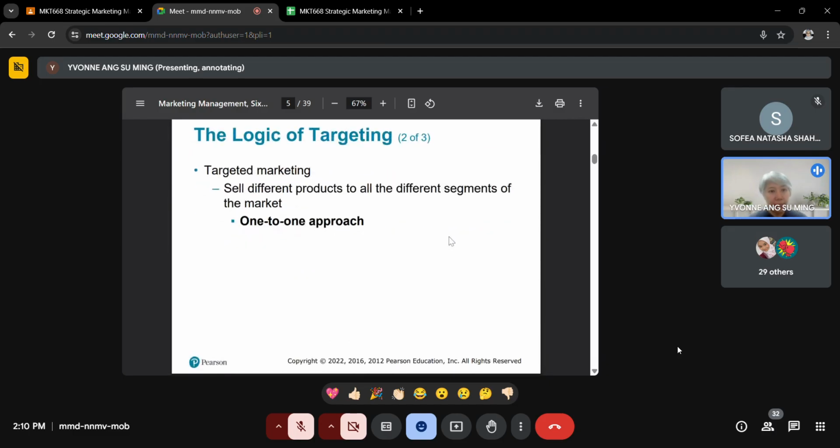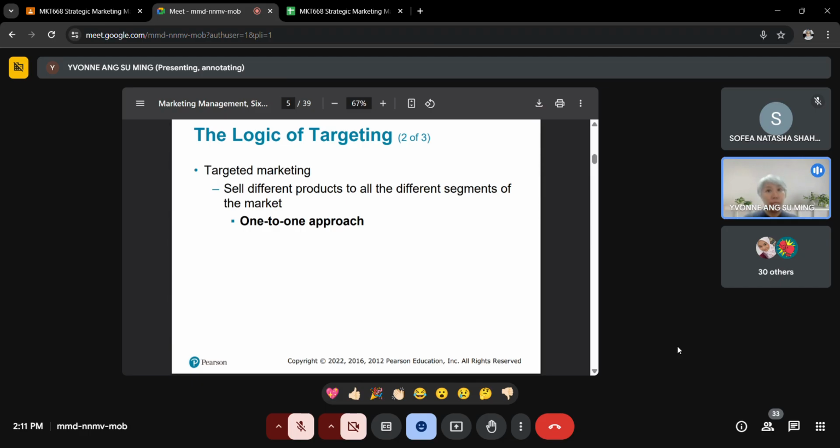Okay. The next one that we're going to look at is targeted marketing. Inside targeted marketing, we might be selling different products to all the different segments of the market. The key thing here is that if you have 10 different segments, they want all 10 different segments.